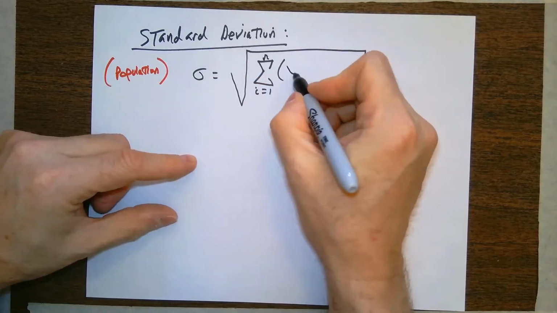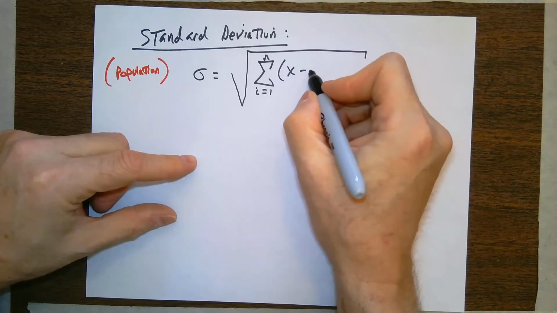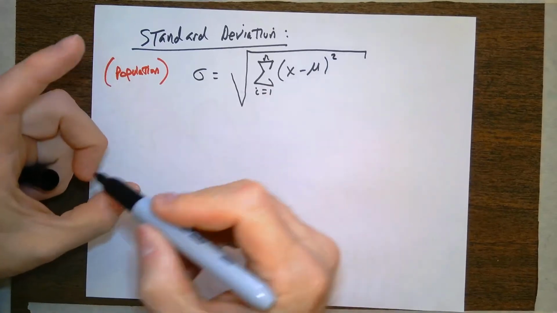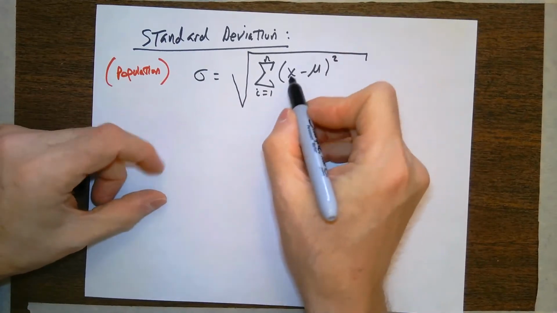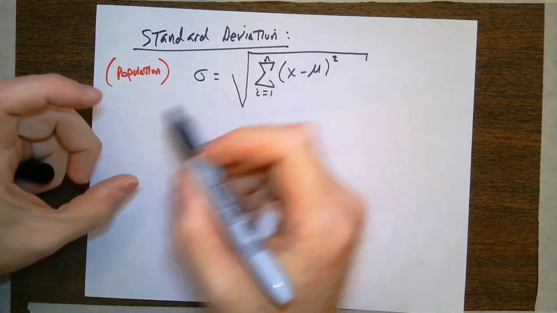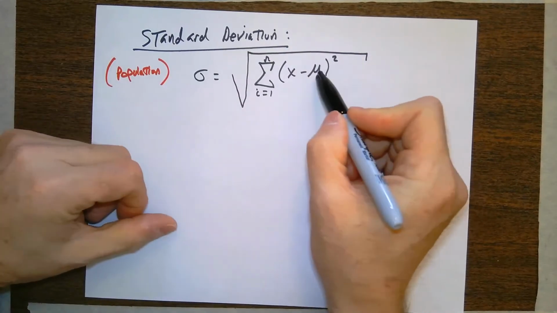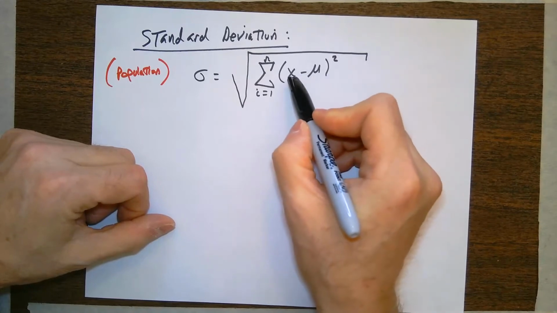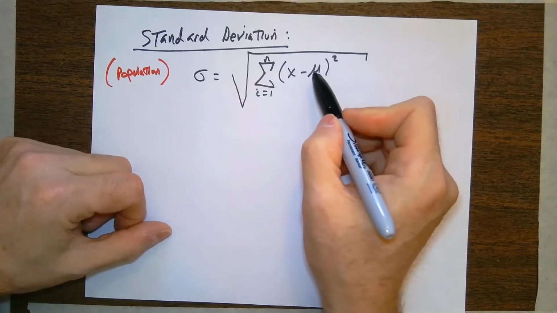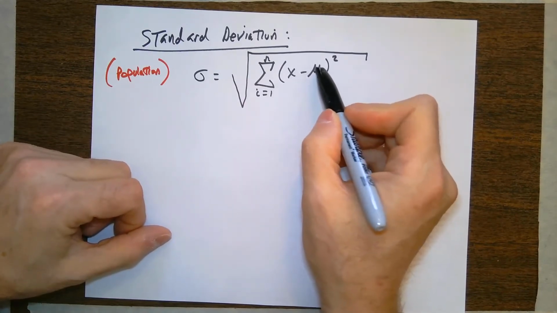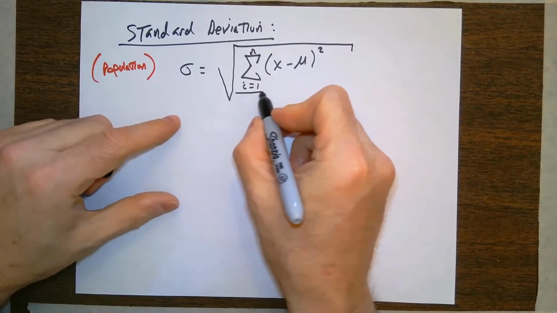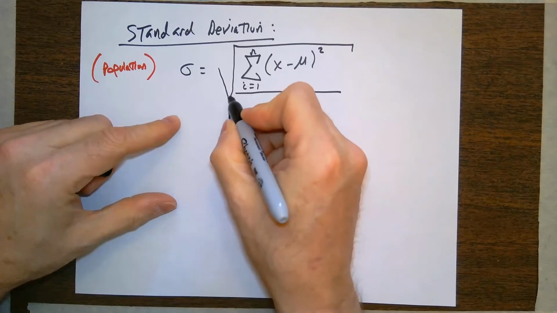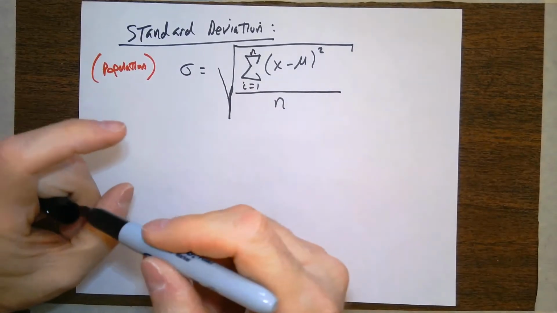What are we adding up? x minus mu squared. Each of the data points, x, minus the mean, mu, squared. And that's all divided by the number, n, and it's the whole square root there.